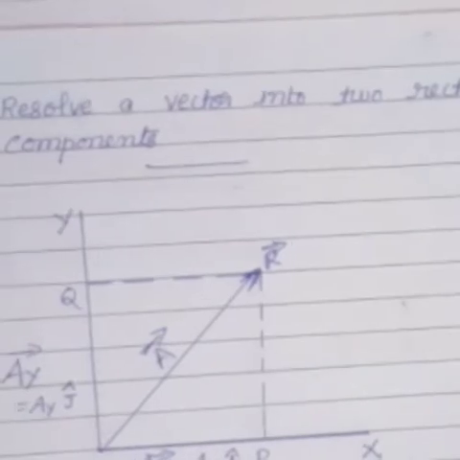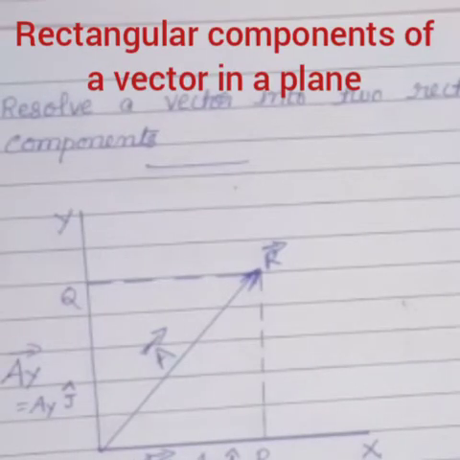The next one is to resolve a vector into two rectangular components.